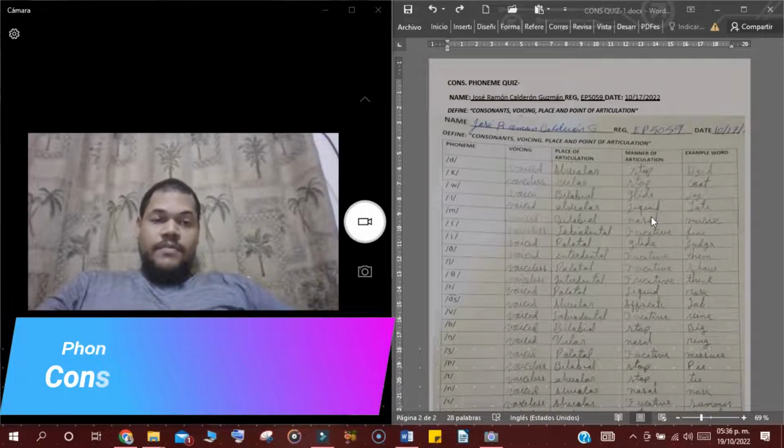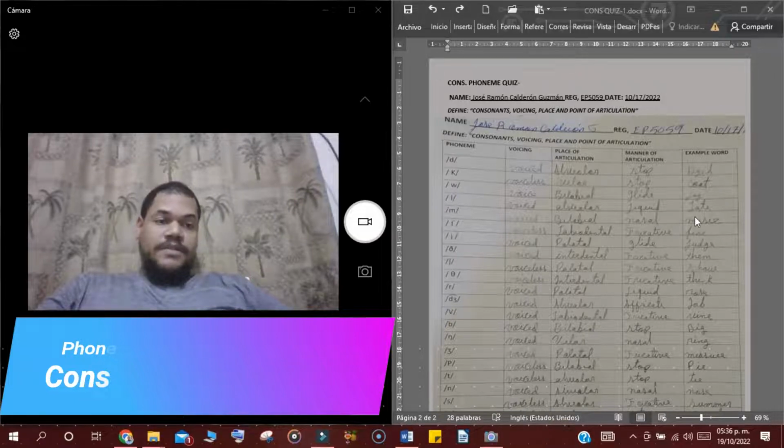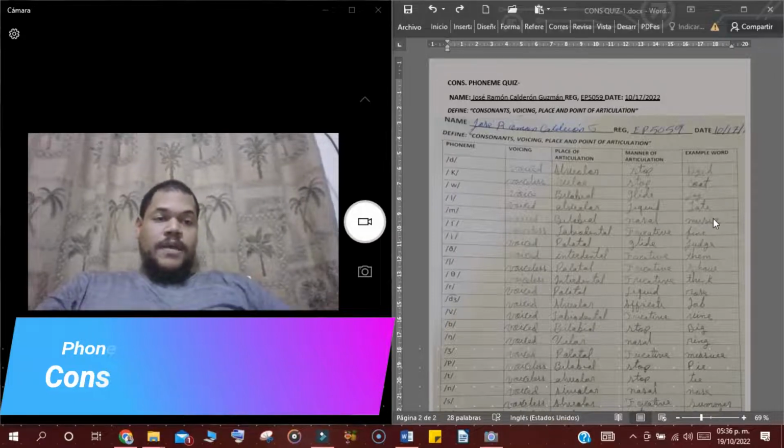That is to say, when the velum is lowered, the air goes right to the nasal cavity, and then the sound produced is nasal, according to the manner of articulation. The word that represents that sound is music.